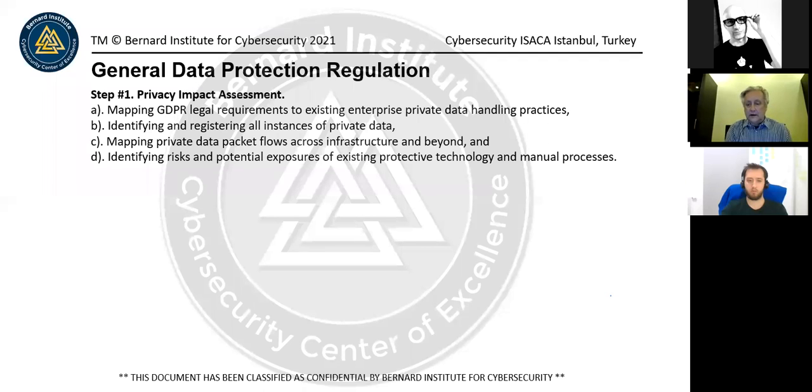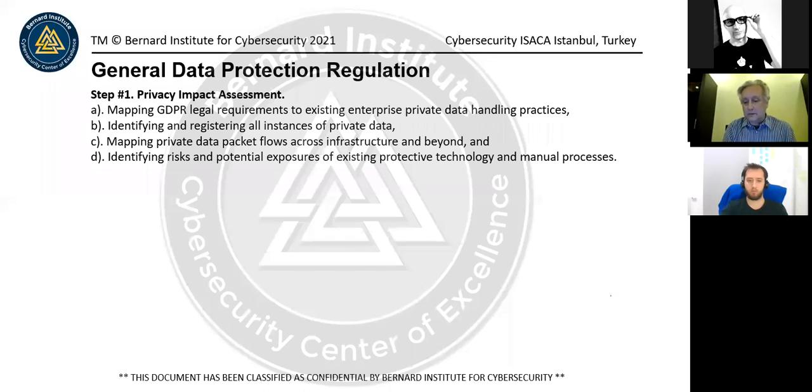Now, a PIA, unlike other documents that we do that are more based on one snapshot of the environment, is actually a living document. So if you have a data protection officer or a chief cybersecurity officer or a CISO, they might be responsible for creating a registry of the personal information instances in your organization.